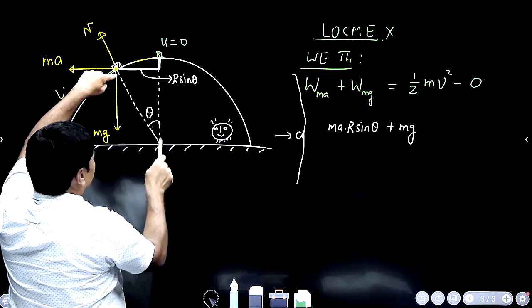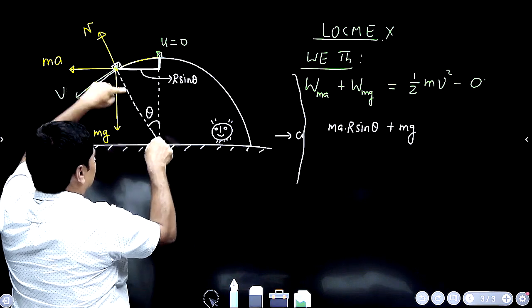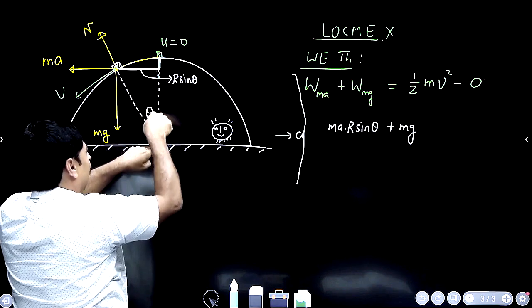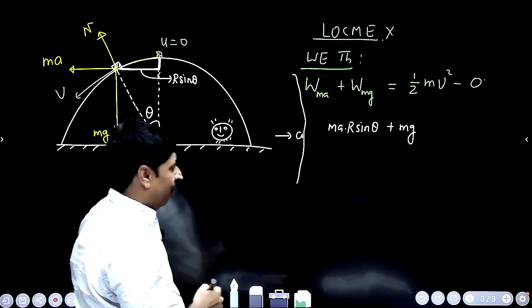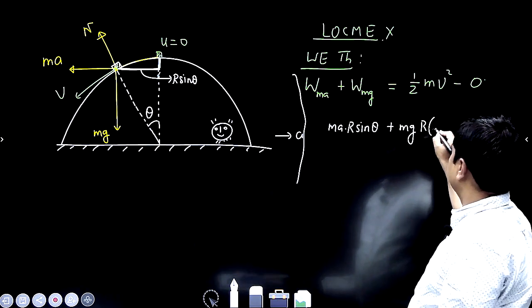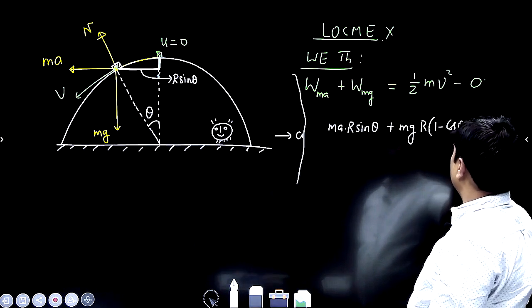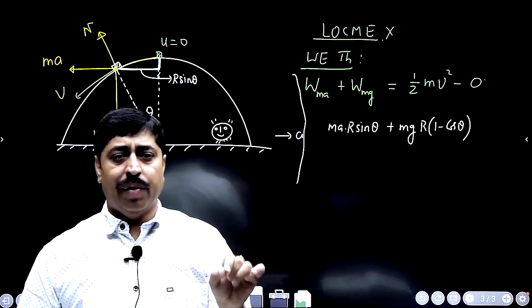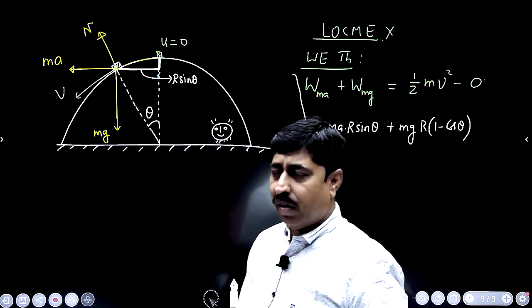In this triangle, this is r cos theta, and this is r. So, r minus r cos theta is this length. So, work done by Mg is Mg into r minus r cos theta. So, I have written work done by pseudo force, I have written work done by Mg, and that is equal to change in kinetic energy, which is of course half mv square.